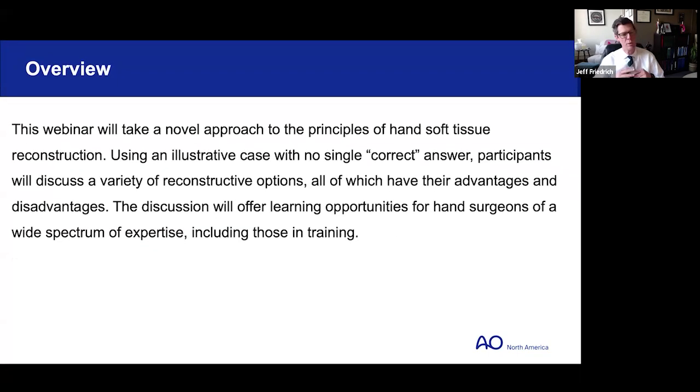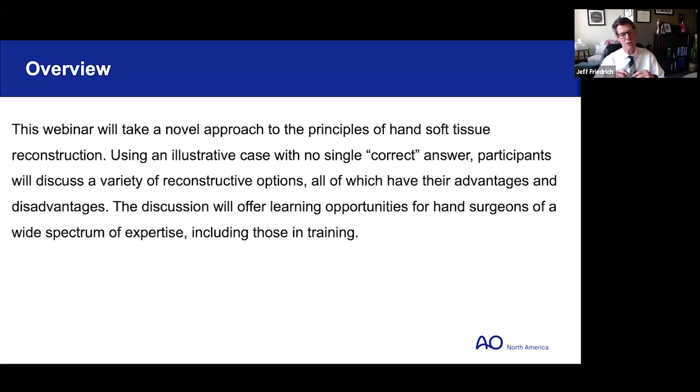So we are aiming to take a somewhat novel approach for this webinar to look at the principles of hand soft tissue reconstruction. I have an illustrative case that I think, and we think, has no single correct answer. And we are going to discuss a variety of reconstructive options for that defect and for other hand defects, all of which have distinct advantages and disadvantages.